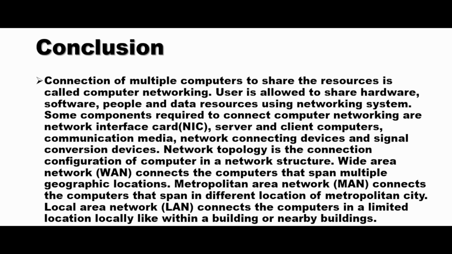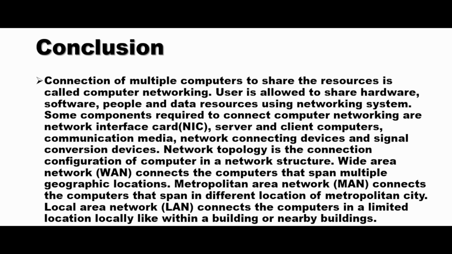Network topology is the configuration of connections in a network. A topology configures and connects multiple computers in a structural way. There are different networking concepts, which are LAN, MAN and WAN. I have already explained in a previous video what LAN and MAN are. If you haven't watched that video, please go and watch the basics of internet series.